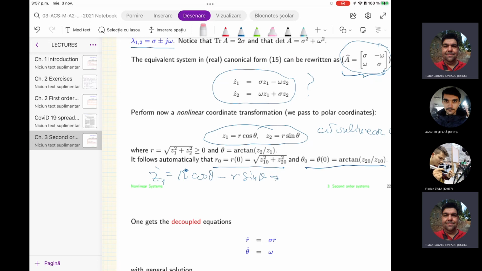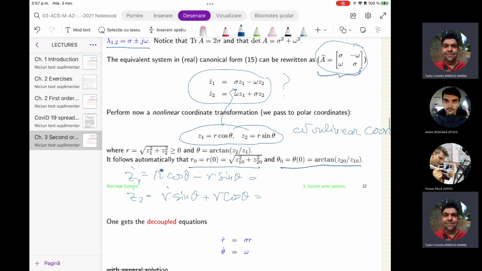And furthermore, z2 dot is r dot sine theta plus r cos theta times theta dot. And for each of them, you now substitute these coordinate transformations into the right hand terms.